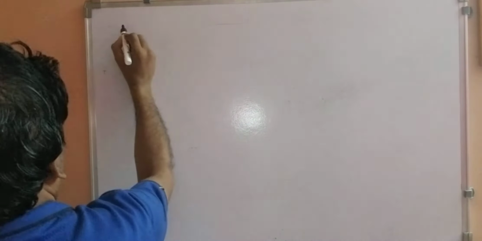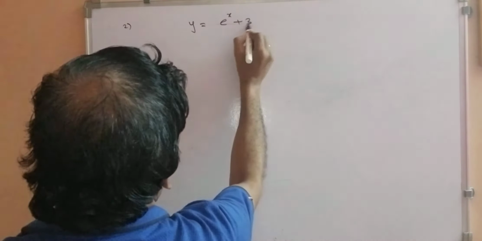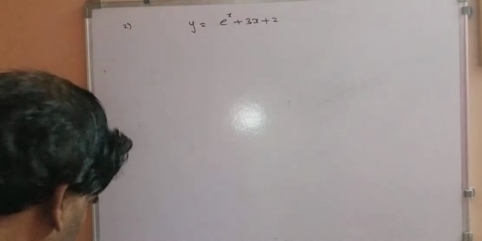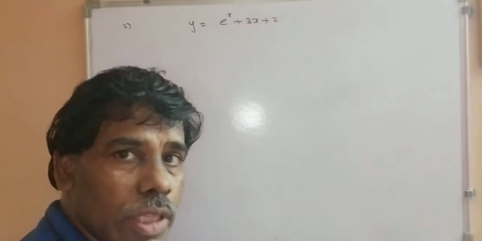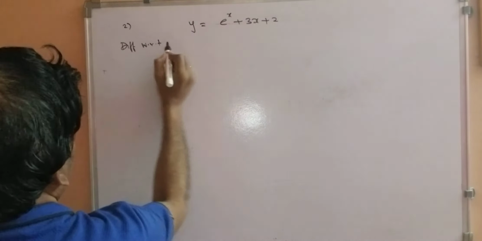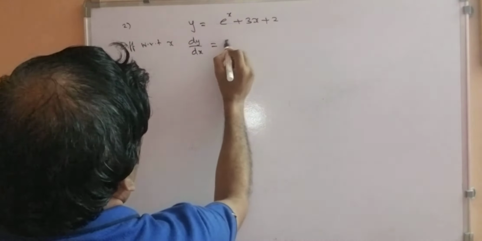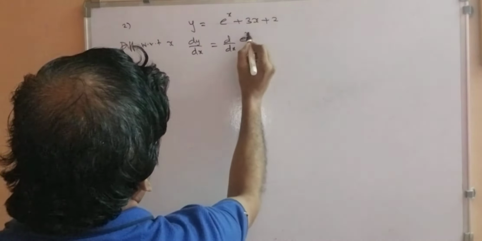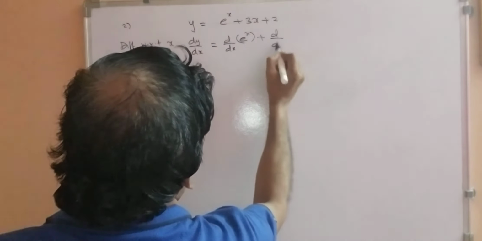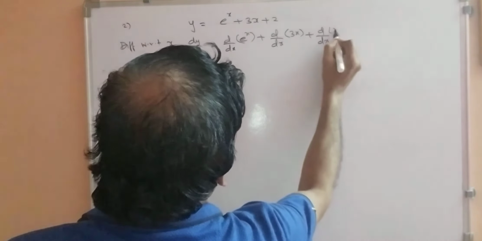One more sum we will do. Second sum, y equal to e to the power x plus 3x plus 2. Same thing, differentiating with respect to x. dy by dx equal to d by dx of e raised to x plus d by dx of 3x plus d by dx of 2.